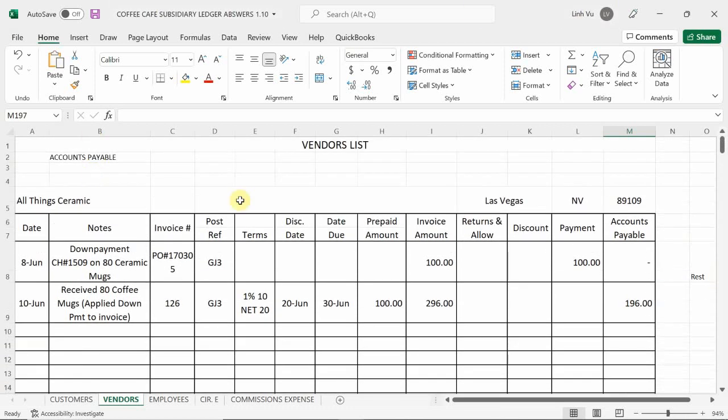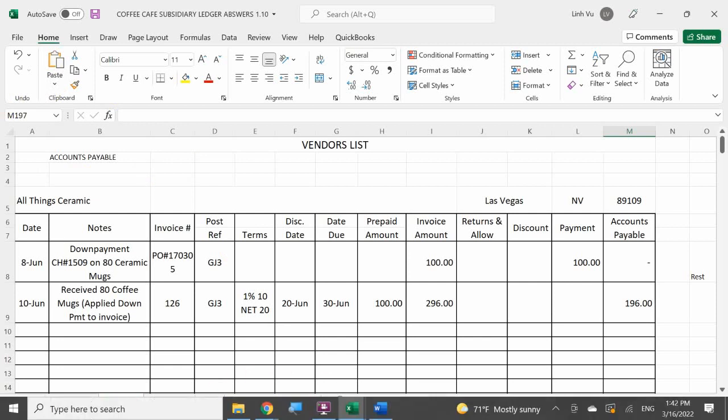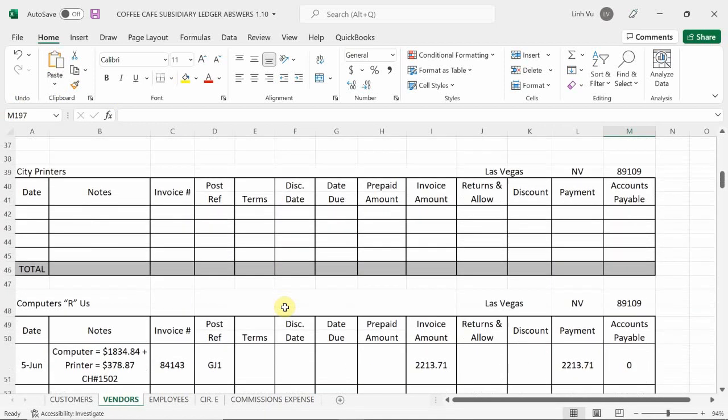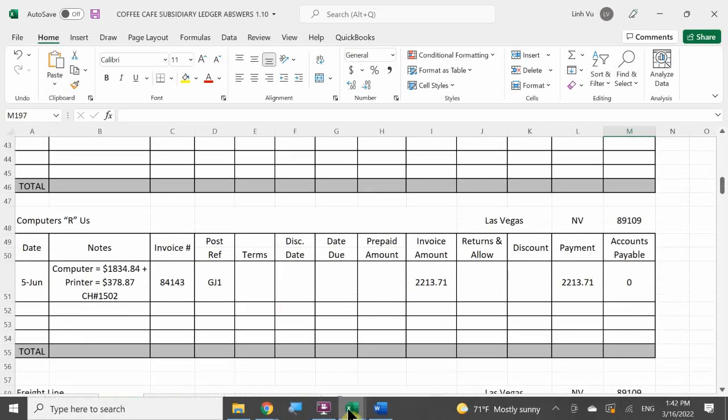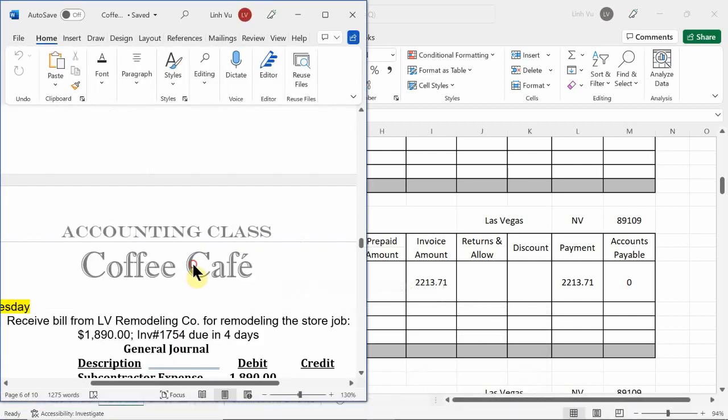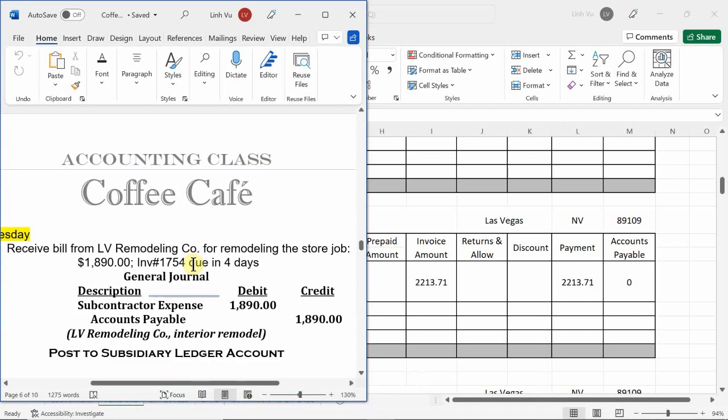This is technically, if you think about it, us keeping track of our accounts payable accounts. So we owe a lot, okay? And then, of course, you want to keep track of when your payments are made or are due as well, okay? All right, so now that I did all that, let's see what has happened next.